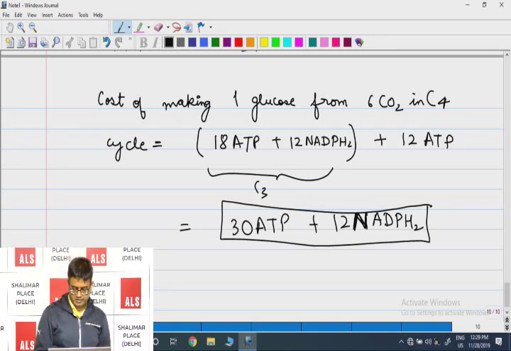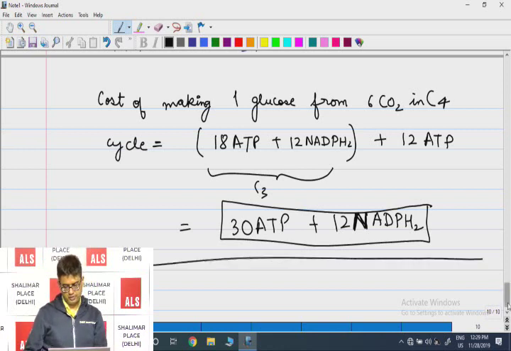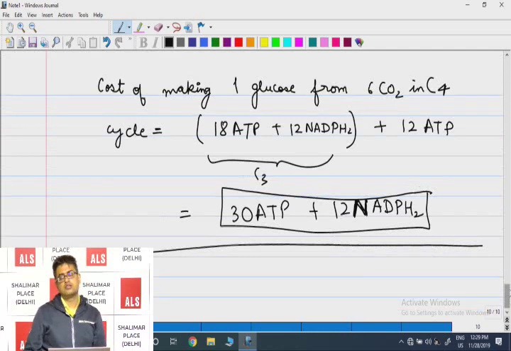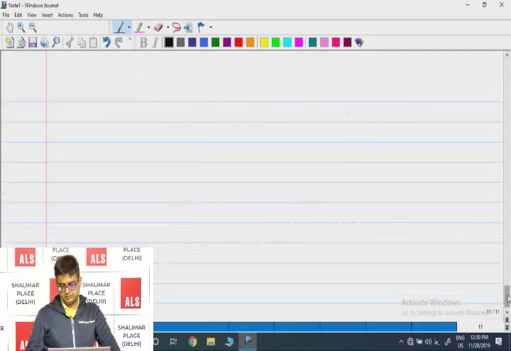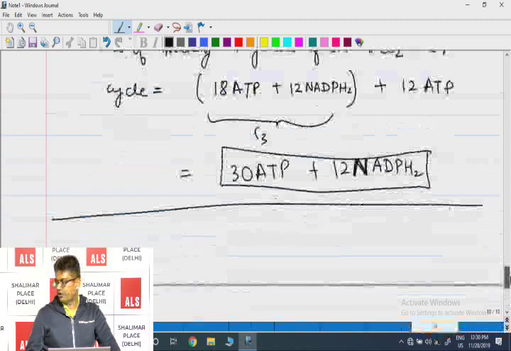Now let's write some examples. Also, there's something else you need to write. The C4 cycle is also called the DCA cycle or dicarboxylic acid cycle, because oxaloacetic acid is a dicarboxylic acid. So you have copied, right?